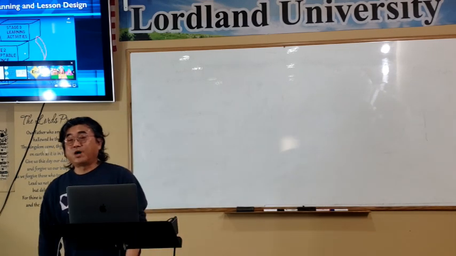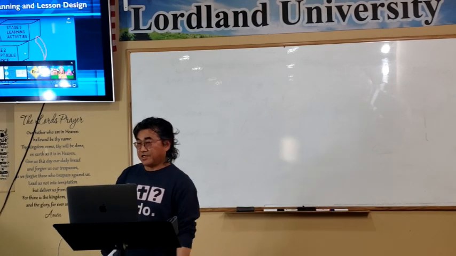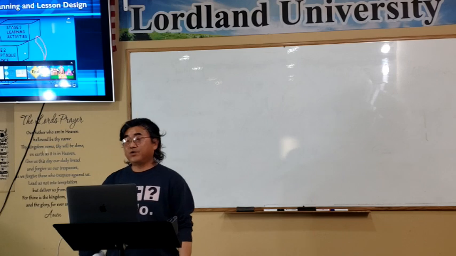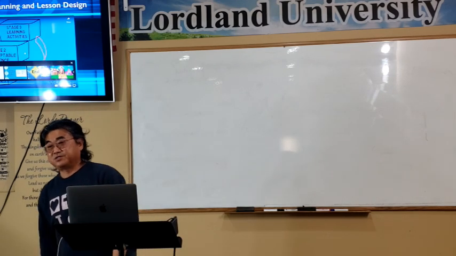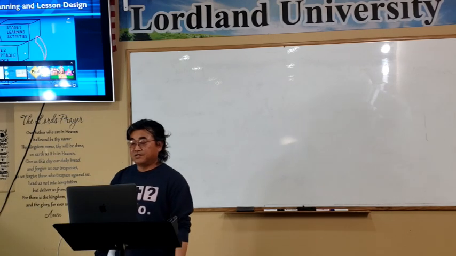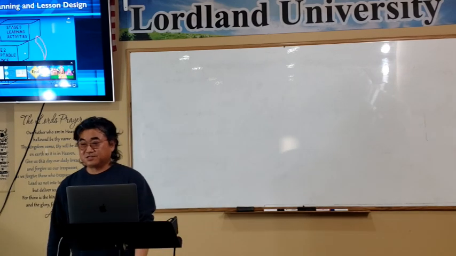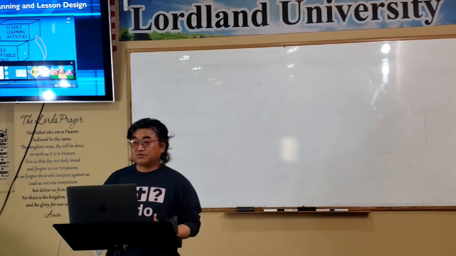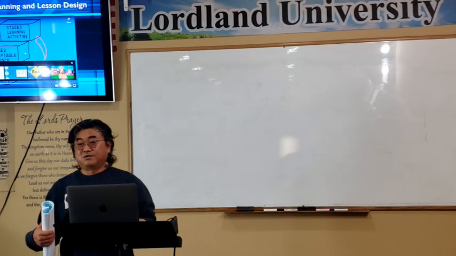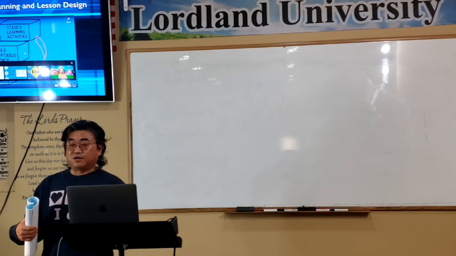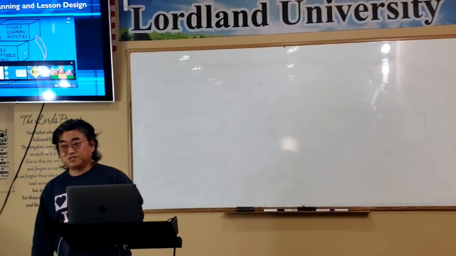So why do we need those things? Then you can ask the question, why do we need that experiment? Then you can discuss with students, yes, because we need to learn how Newton's law of motion works.